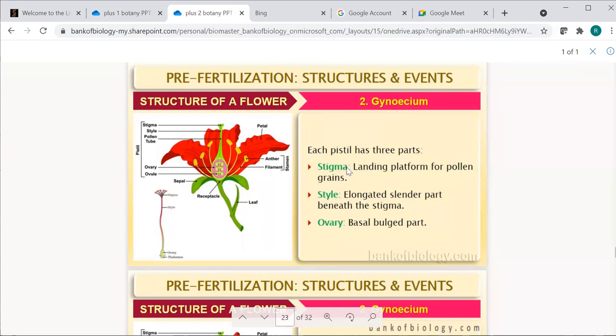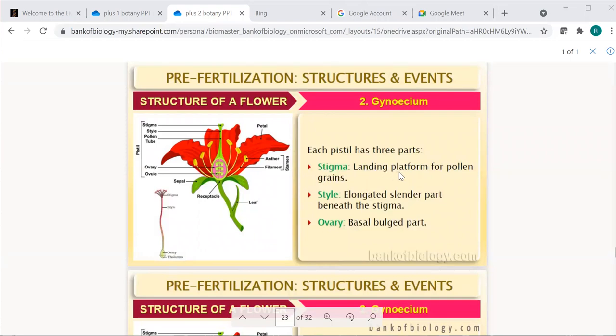Okay. So stigma is what? That is the landing platform for pollen grains. As I said, when the anther gets burst, the pollen grains will be transported to different environments, and some may land on the stigma, that is the female reproductive part of the flower.